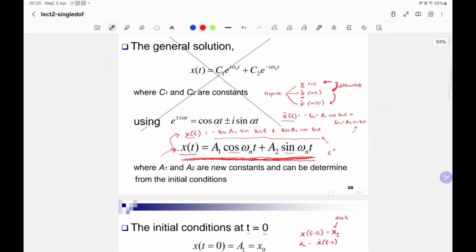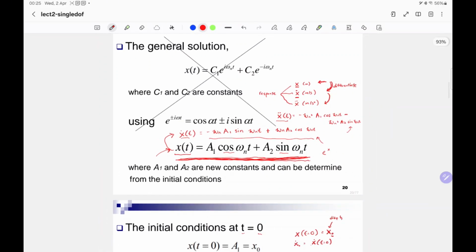Alright, now we are considering the free undamped vibration system. Okay, so what we want to solve is that basically from this response, we want to determine the unknowns.